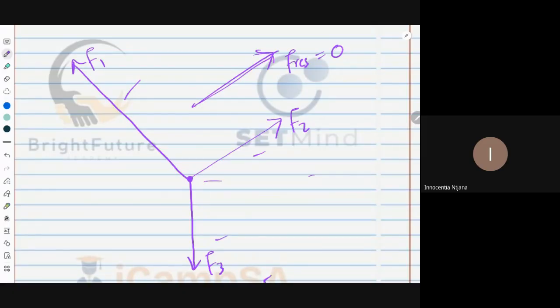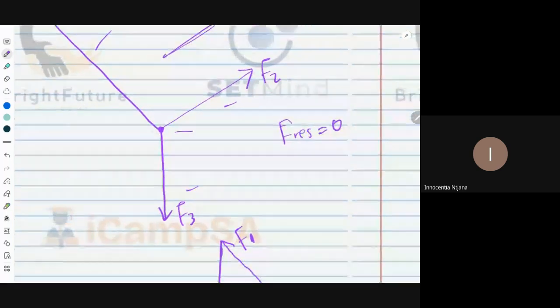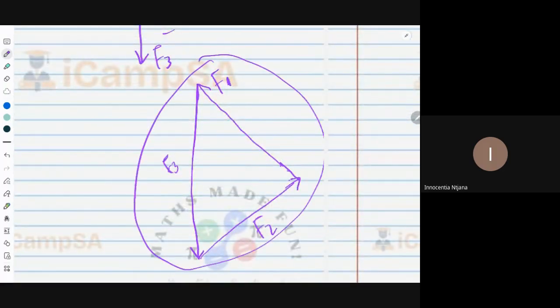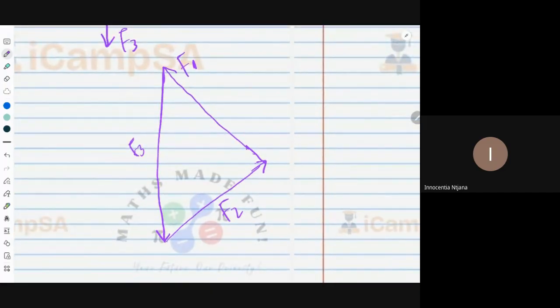We had three vectors and we found the resultant force of all of them, which was F res, the last thing, right? If F res is equal to 0, then, only then, will you be able to draw a closed vector diagram? However, if that's not possible, then you cannot have a closed vector diagram.